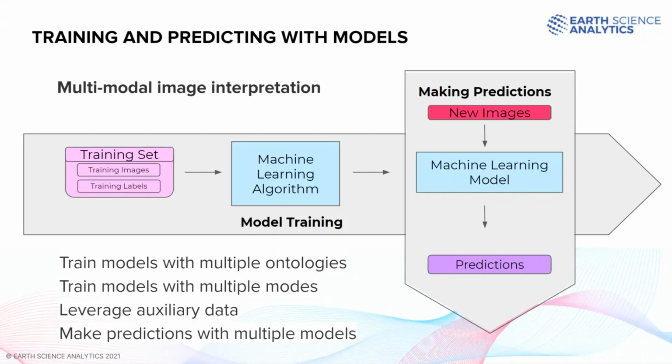And there is data that comes in addition to the images, what are called auxiliary data here. So it includes XRF, XRD, CamScan, SpecCam, and we can use data extracted from the well logs, stratigraphic information, and so on. So we'll train multiple models and make predictions with these multiple models to make sure that we provide a very rich interpretation of the data set.